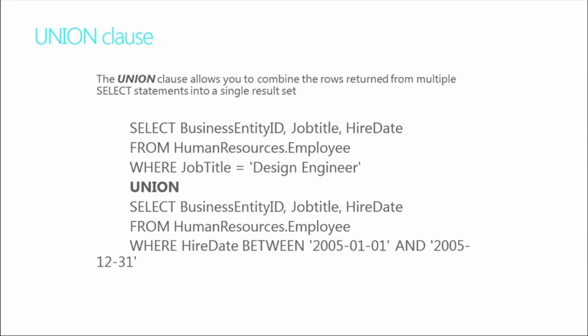I could do select business entity ID, job title, hire date from HumanResources.Employee, if I wanted to, where hire date or fire date was a certain date. You can do that as well. As long as the columns match up, you can retrieve that content from different tables here. So this is the union clause, and again, we'll see how that operates for us here.